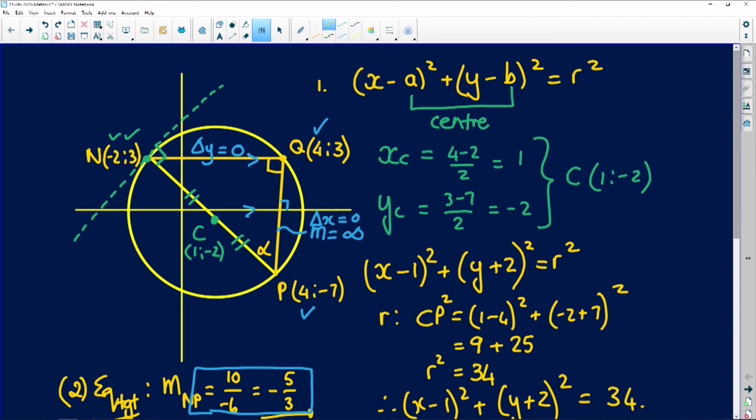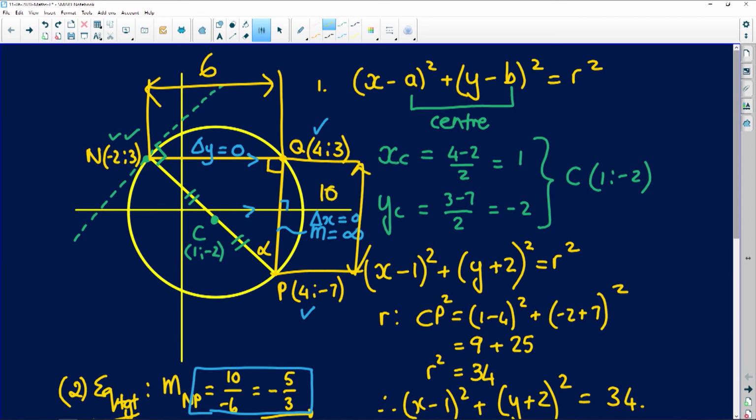Well, if it's horizontal, immediately I can say that that length there is the bigger number minus, remember the y values stay the same, so I look at the x values. 4 minus minus 2 makes that distance there 6. Because this is vertical, I look at the difference between the two values. There's 7 at the bottom, 3 at the top. So that length there is 10.